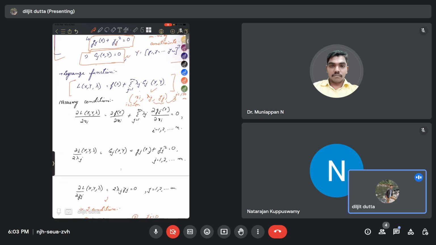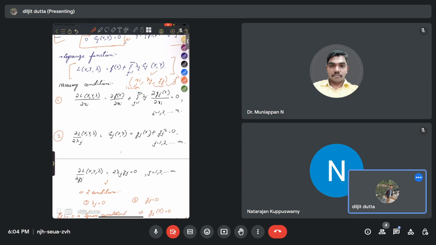First we will take the derivative of the Lagrange function with respect to xi. So del L by del xi equals del f by del xi plus the sum over j equals 1 to m of lambda j times del gj of x by del xi, equal to 0. This is the first condition. The second one will be the differentiation with respect to lambda j, del L by del lambda j.